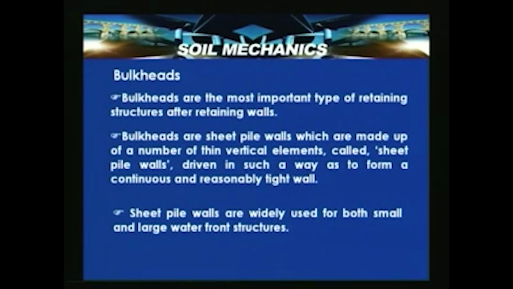Now let us look into the application of whatever we have learnt. First, we said that these earth pressures can be used for determining the earth pressures exerted by the soil on the wall in active and passive conditions, and ultimately these earth pressures can be used for designing these retaining structures. We discussed that many types of retaining structures are there.